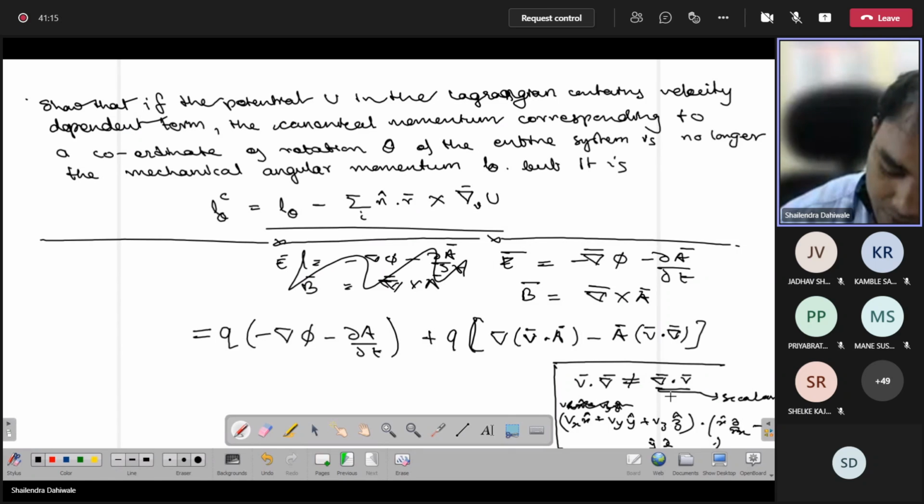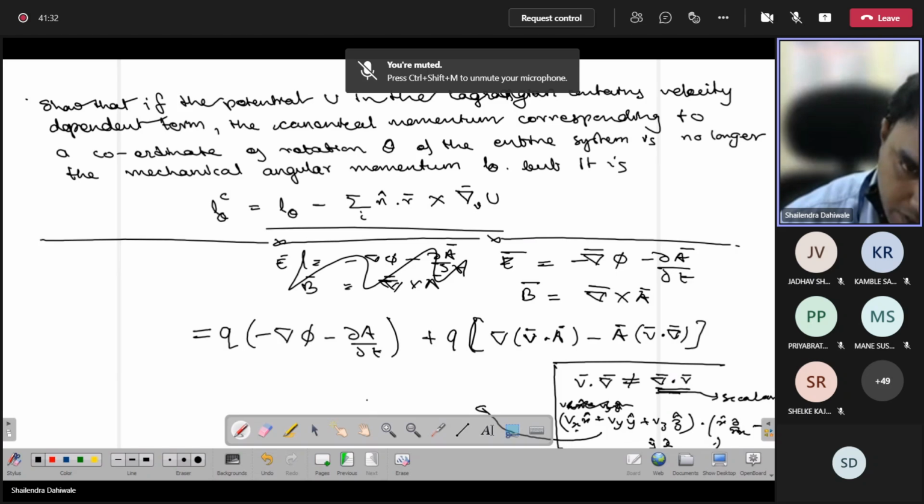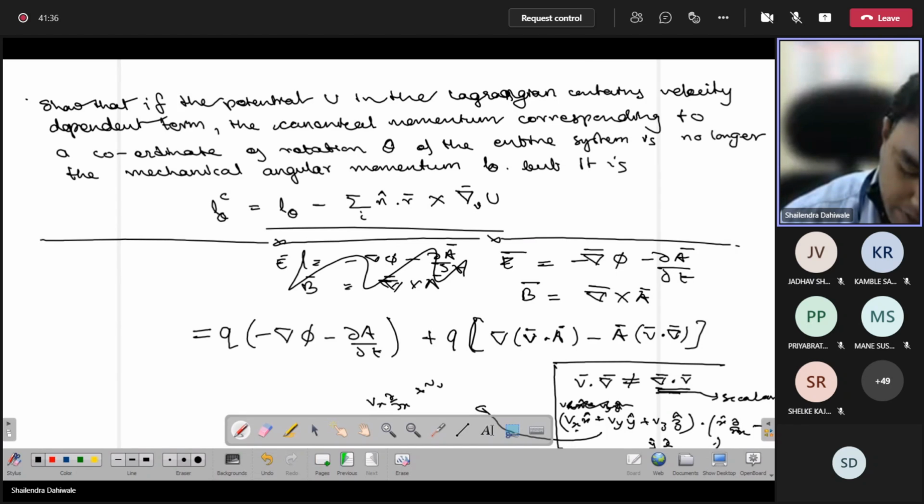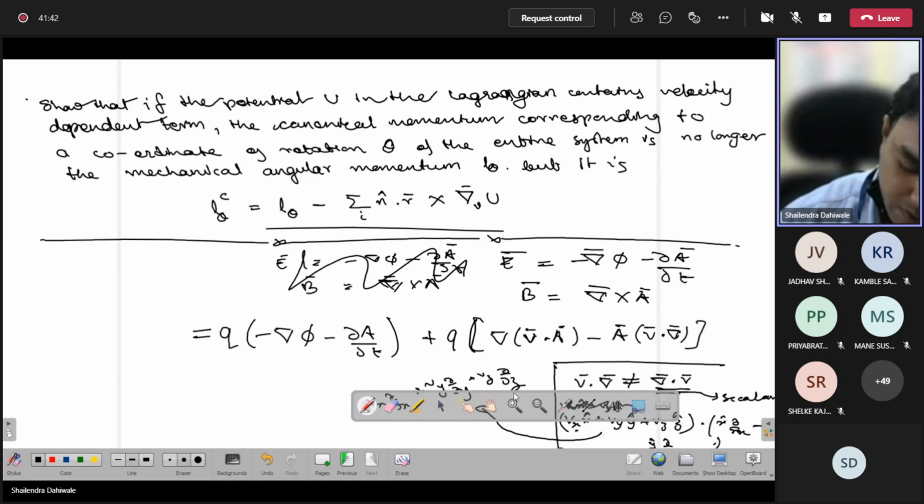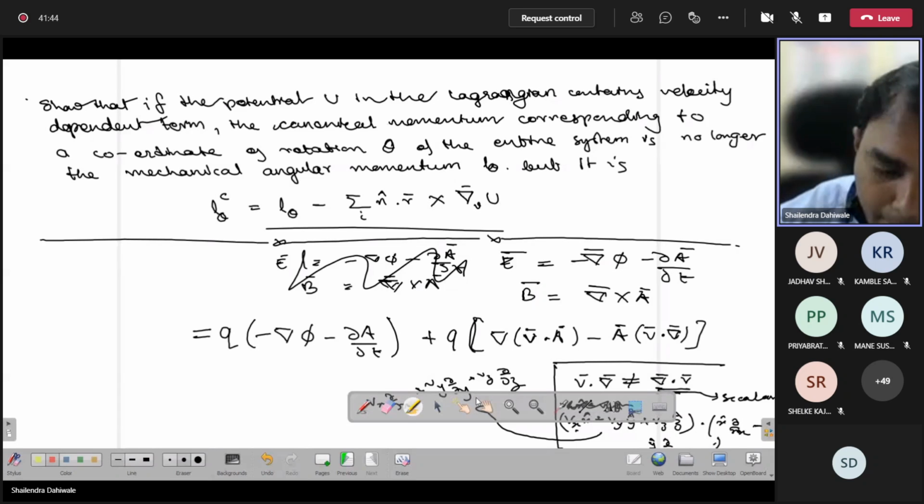If you do the dot product, you will have Vx into del x plus Vy into del y plus Vz into del z.